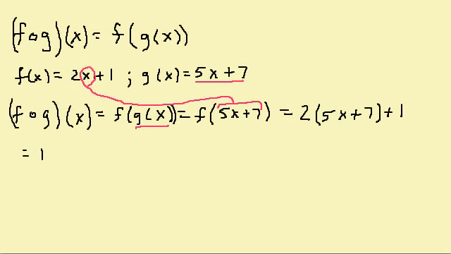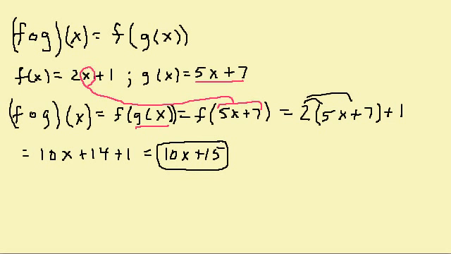So we get 10x plus 14 plus 1. We have to distribute the 2, and that gives us the 10x plus 14. So this is equal to 10x plus 15. And this is our answer.